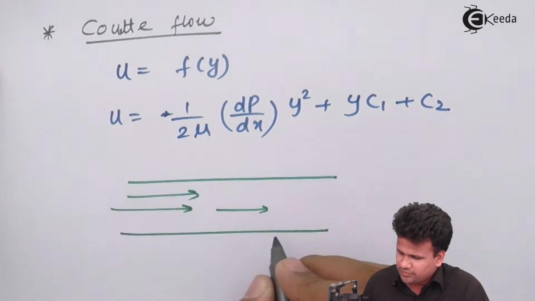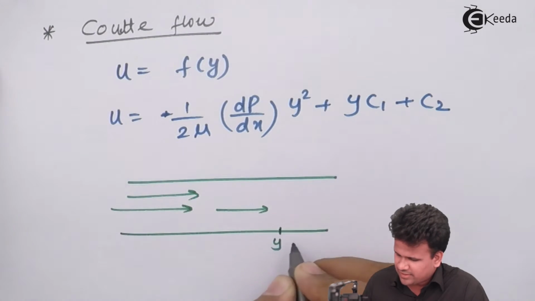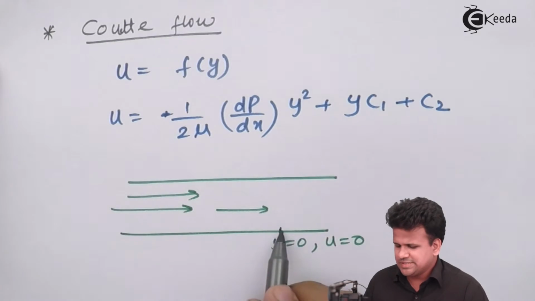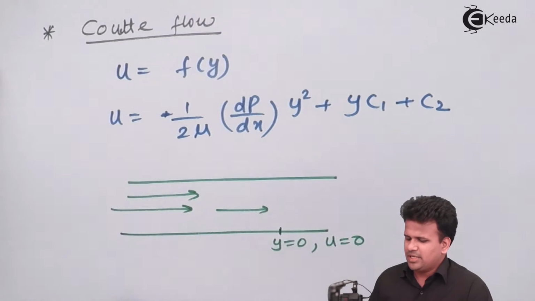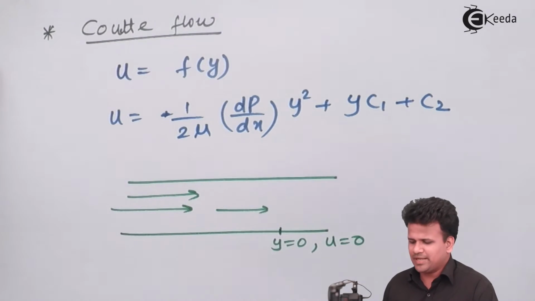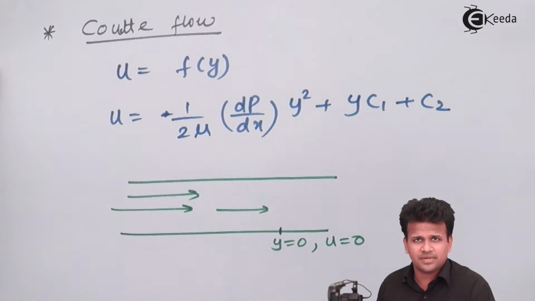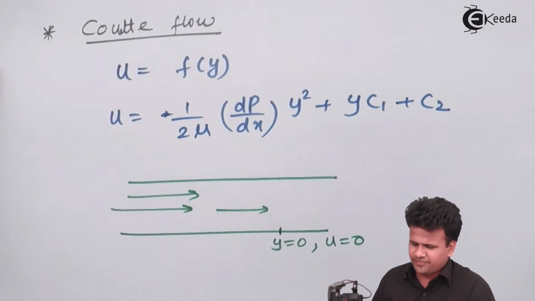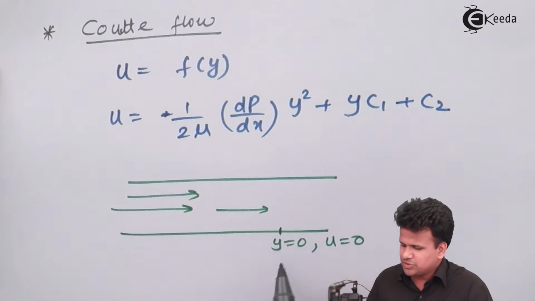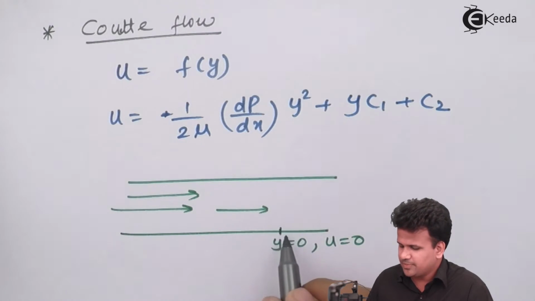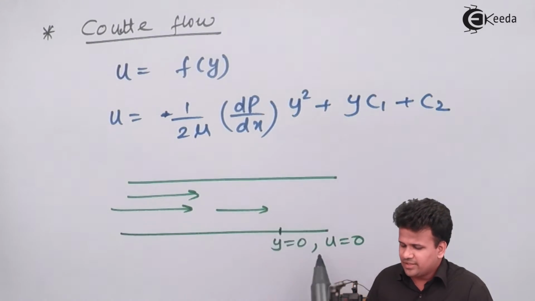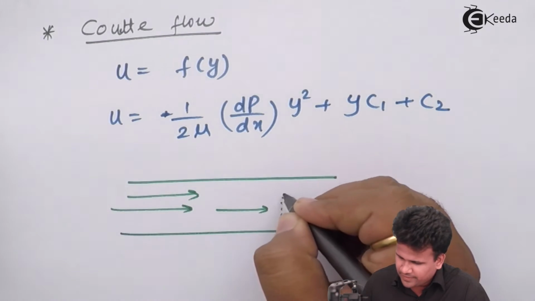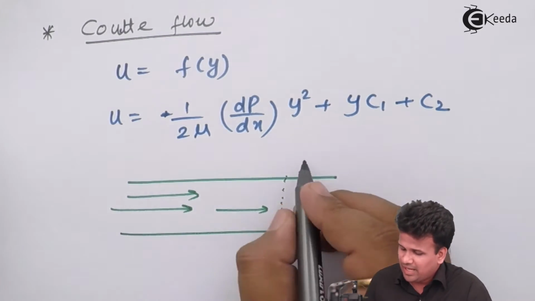We know that at y equals 0, u will be equal to 0, because this is the initial layer which has maximum viscosity, and we consider this as the no slip condition, in which the fluid does not slip over the solid surface and the velocity is 0.